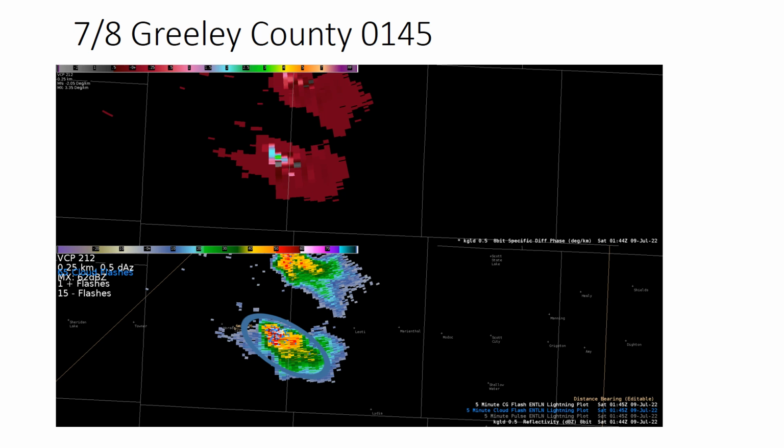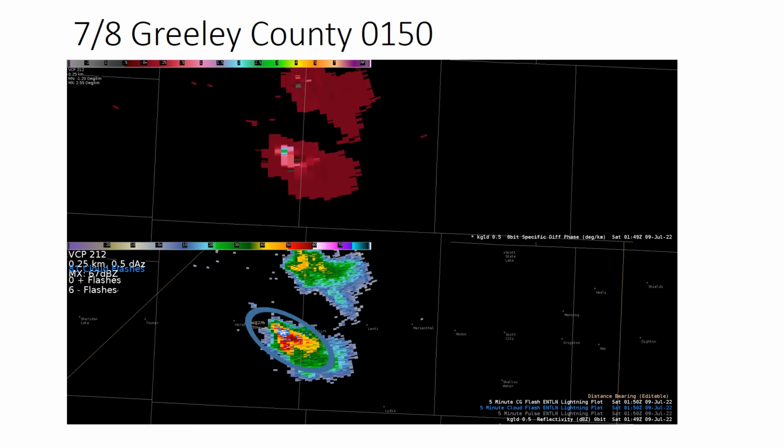Five minutes later, you can see that the lightning within that cell really ticked up, and there is a fairly intense KDP core occurring as well. Another 5 minutes later, the KDP core is still there, and the lightning continues to be strong.